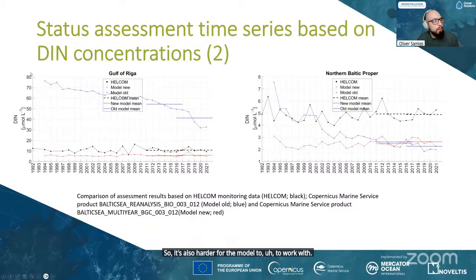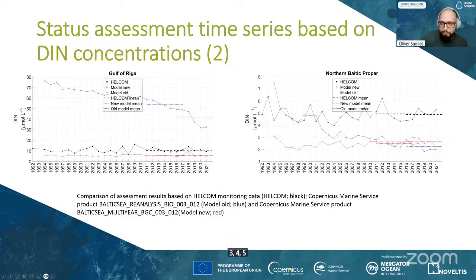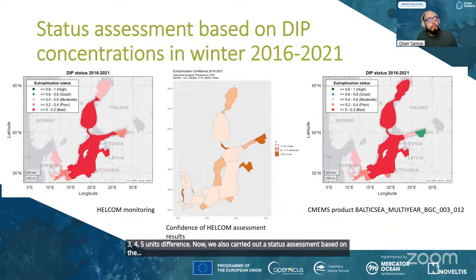So as you can see, the red model or the new model actually got closer, but if you look at the scale, the old model was so off that even though the new one got closer, there's still like 3, 4, 5 units difference. Now, we also carried out the status assessment based on the DIP concentrations in winter.